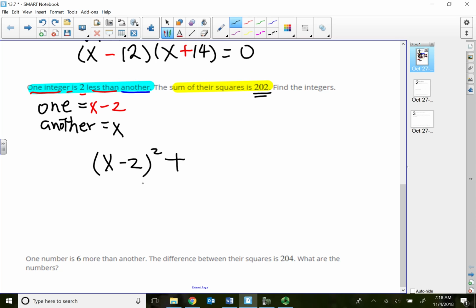So that one integer, whole thing got to be squared. Another integer, whole thing got to be squared. Together equal to 202. That's how we translate the sum of squares. Addition between two things. Their squares. Another integer and that one integer got to already be squared.